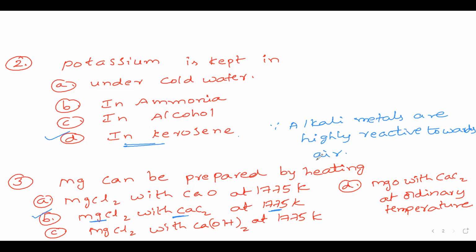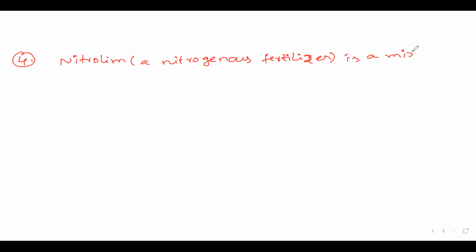Question number 4. Let us start now. These questions are very important, so that's what I'm doing now. Nitrolim, a nitrogenous fertilizer, is a mixture of: option A, CaC2 and CaCN2, calcium carbide and calcium cyanamide.